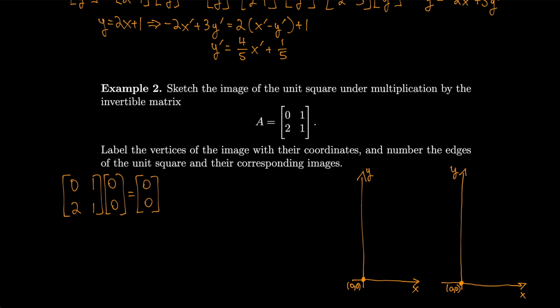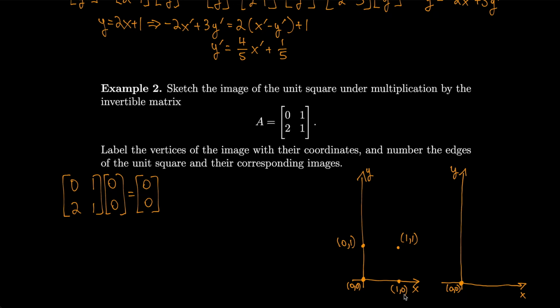And while I'm here, I might as well draw the rest of my square. All right, that's supposed to be a square. Maybe I'll move this one a little bit. Okay. And this will be (0, 1). This is (1, 1).